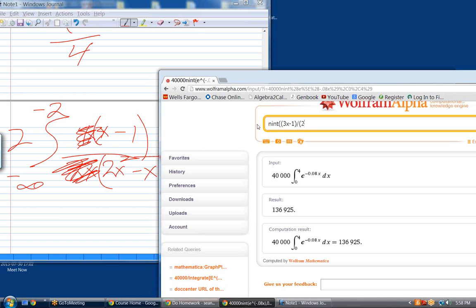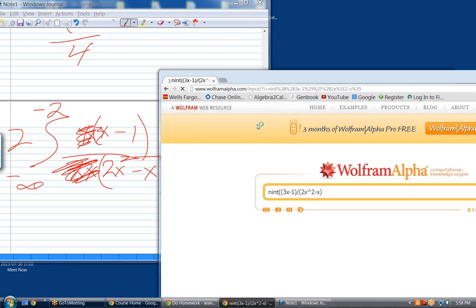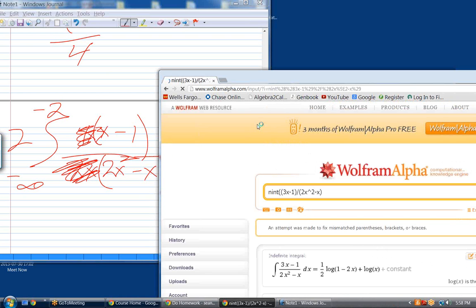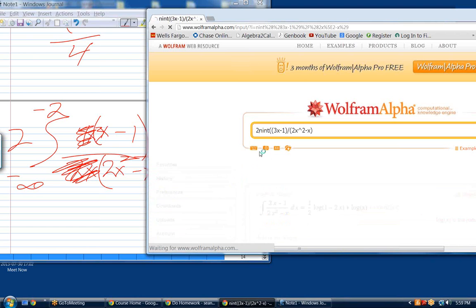Don't forget the 2 on the outside of the integral. 3x minus 1 over 2x squared minus x. Okay, so I want a 2 times that. Ooh, it won't let me do it. Yes, it will. Okay.